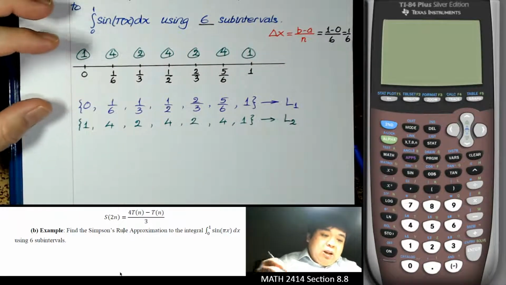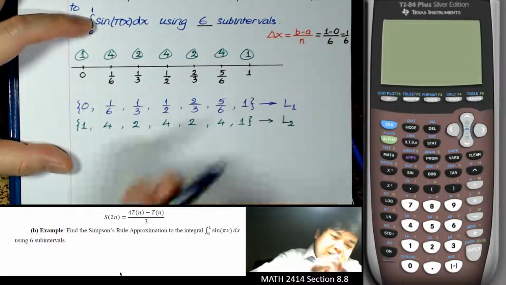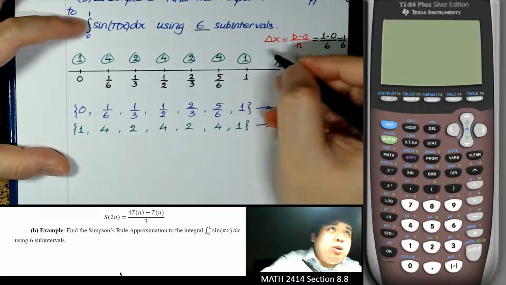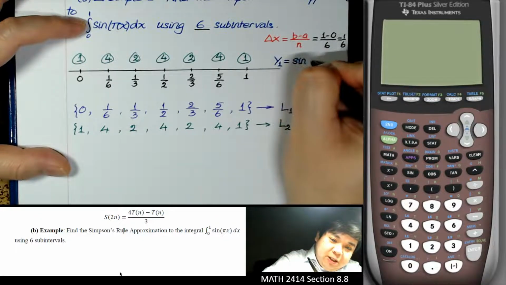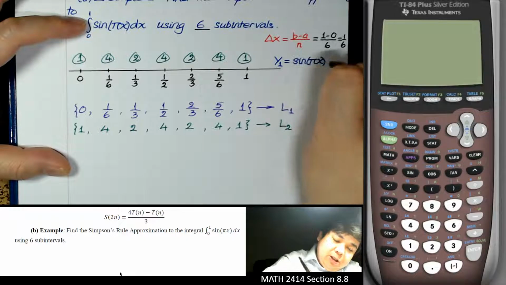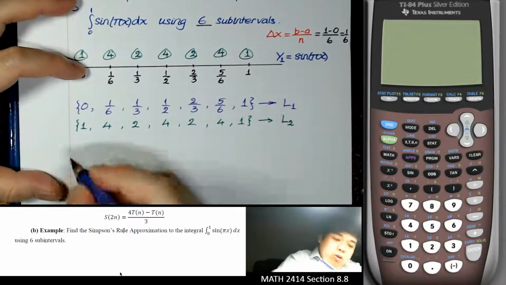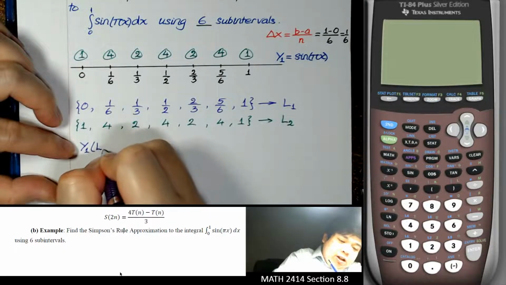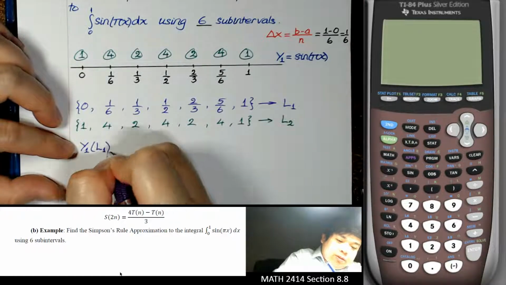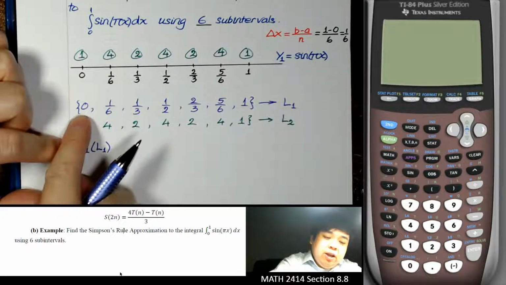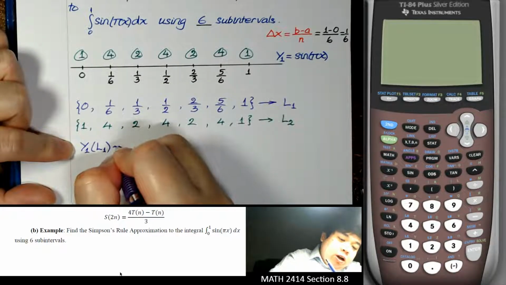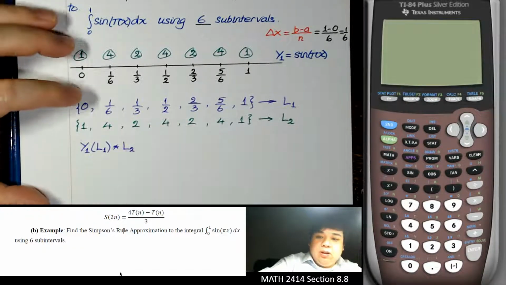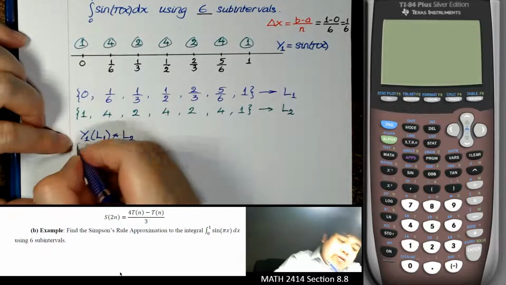And then if we let y1 equal sine of pi x, next we evaluate y1 at L1, evaluate the function at these points, and then multiply with everything in list L2, and finally do the summation of that.